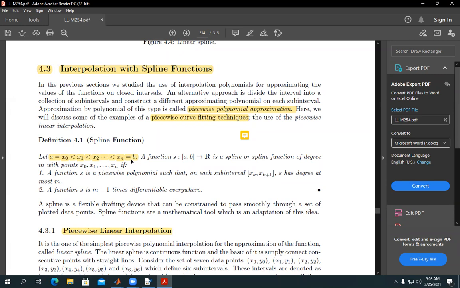This is the only thing we have to do here. And when we say the function is a linear Spline, it must be continuous at the inner points of the interval, and it must be of degree 1.